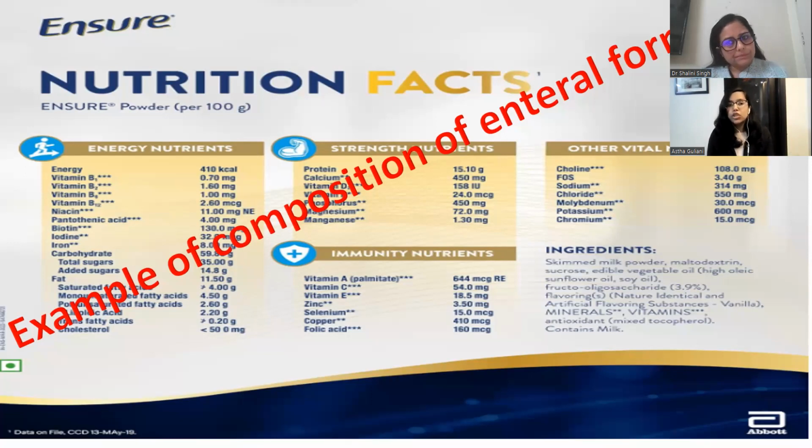So 2 Ensure powders will be required for my patient, which will provide her with 800 kilocalories. They will provide her with about 118 gram of carbohydrate, about 23 gram of fat, and about 30 gram of protein, along with other micronutrients, that is minerals and vitamins.